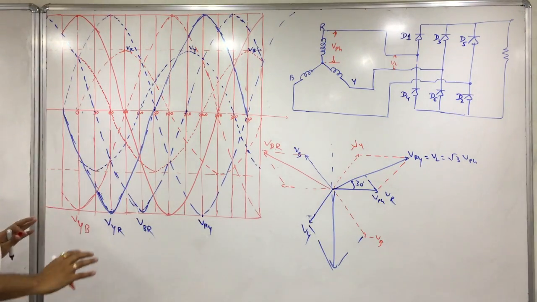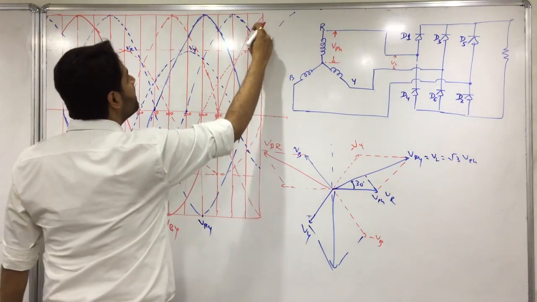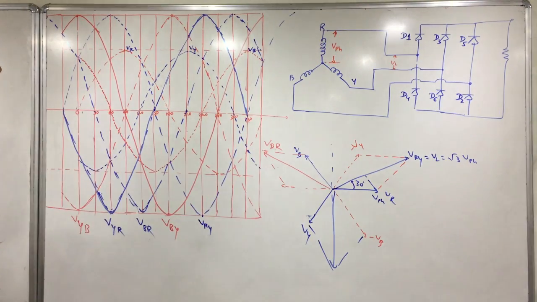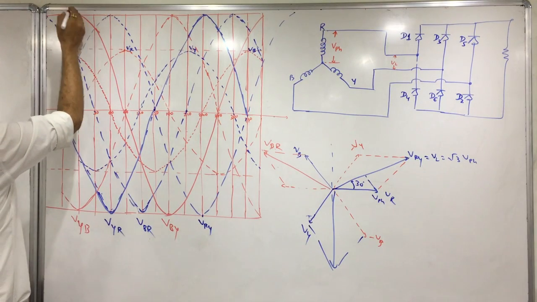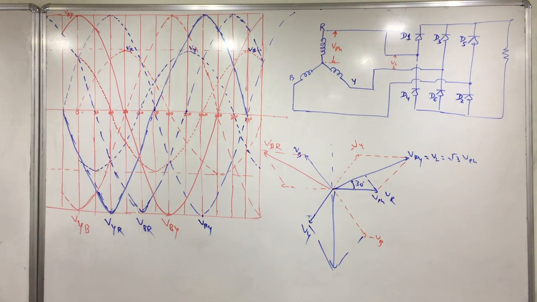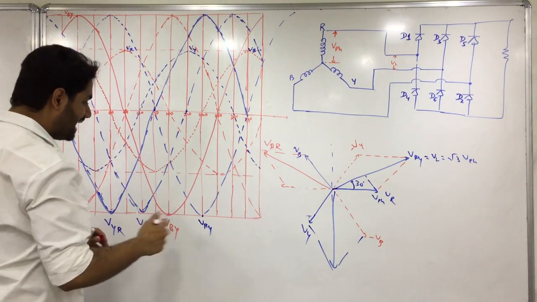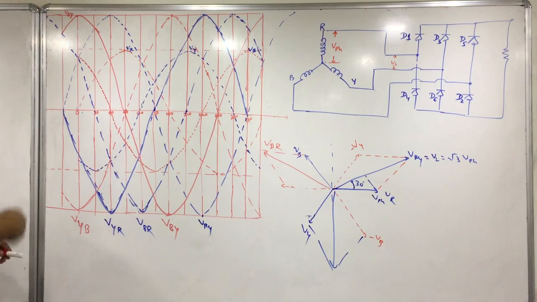You can understand. So this is my VBY. This is my VBY. Yes or no? So this is my VBY. Okay? Great. Now the last one is RB.